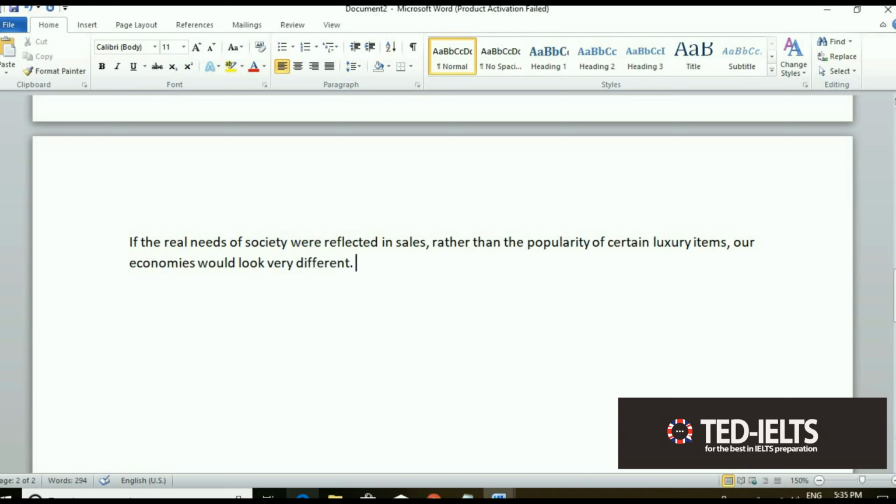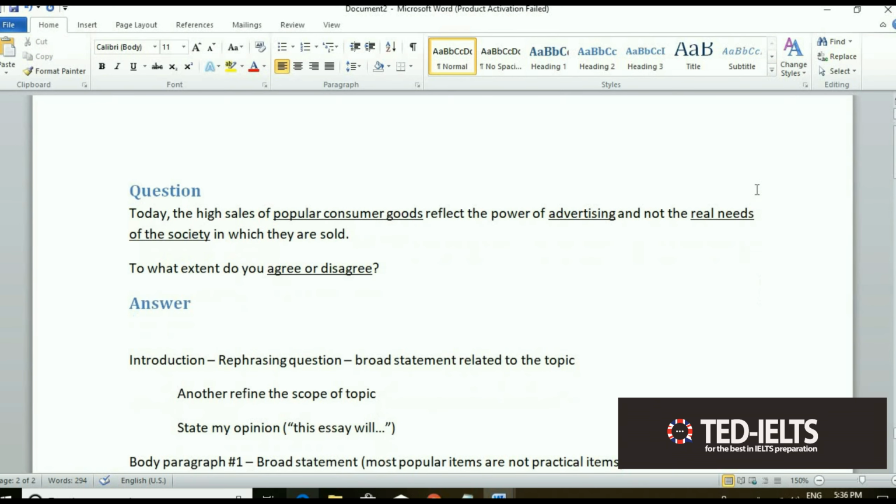Right, so another broad statement here. What I'm kind of saying is that the opposite of my position is false, because our economies would look different if it was true. So this is kind of an advanced way, harking back to our question of saying if the real needs of society had higher sales than these consumer goods, something would be very different.